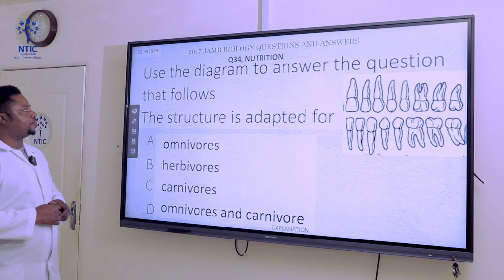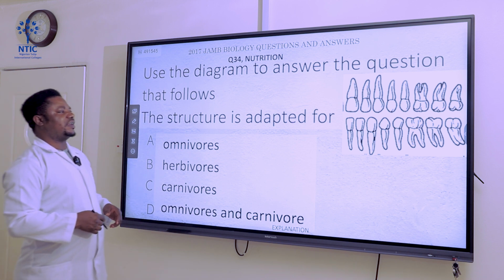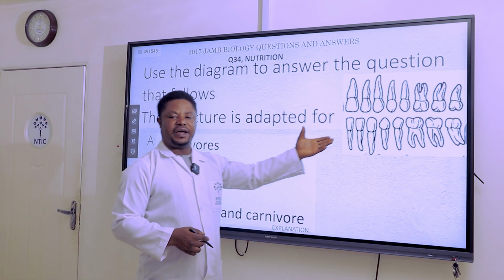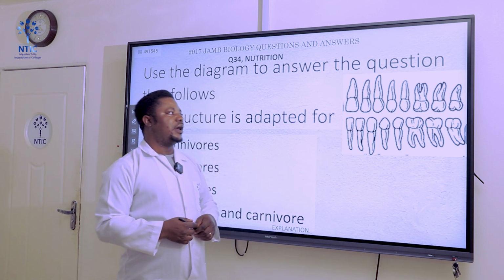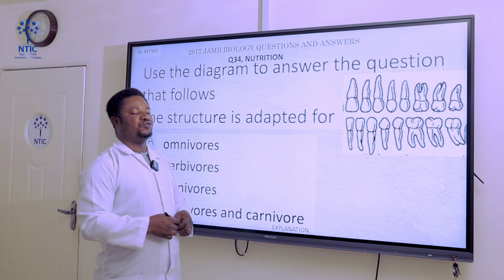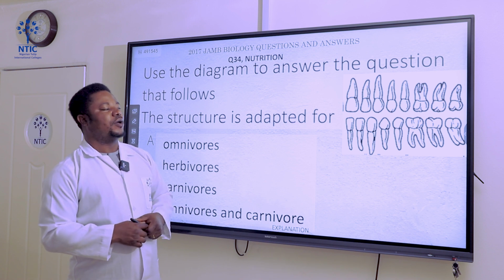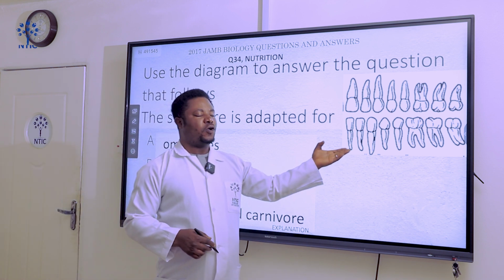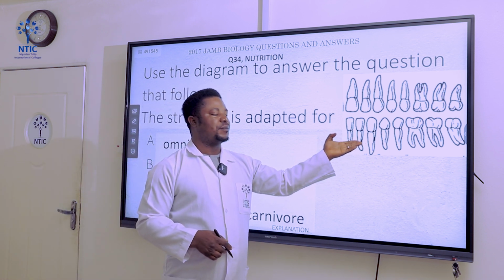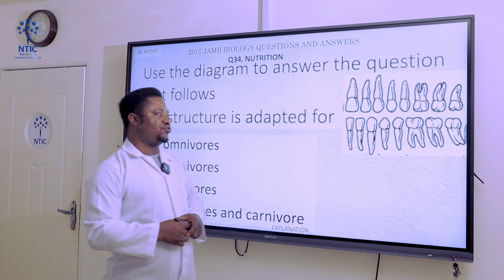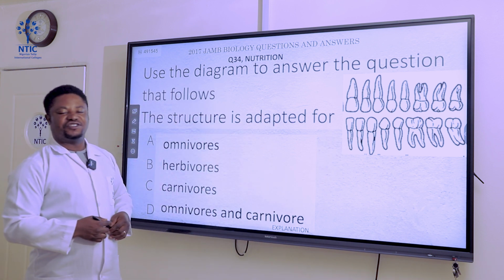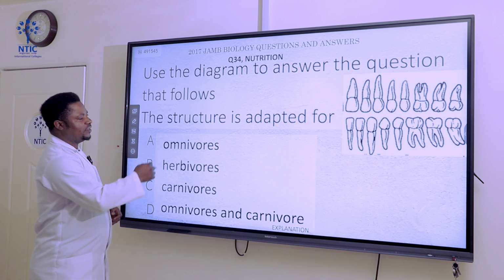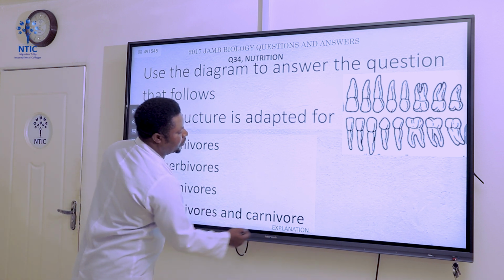Question 34. The structure, if you look at this diagram, is adapted for what? Or is suited for what kind of organism? Most omnivores have this set of dentition, and this is a typical dentition of man. Now let's see what we have for this.